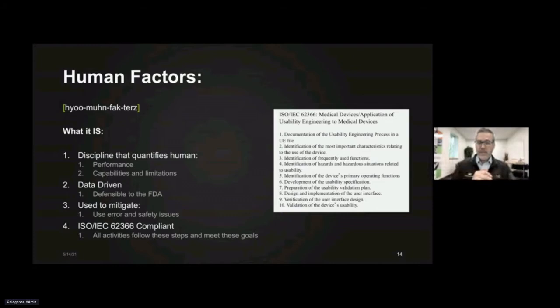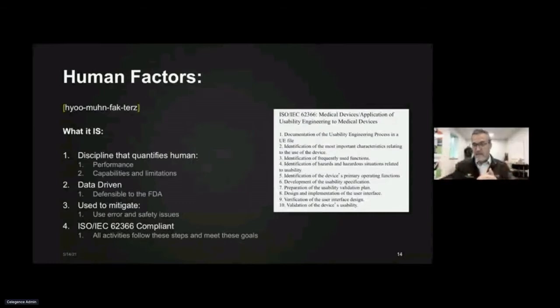It's also intended to be compliant with regulatory standards such as ISO 62366 or HE75 and follow these steps. I think it's a really neat window, when you're understanding what human factors is, to look at 62366 and see what the deliverables are that they're asking for. There's 10 deliverables that say this is what you have to do if you're going to do human factors engineering on a medical device.